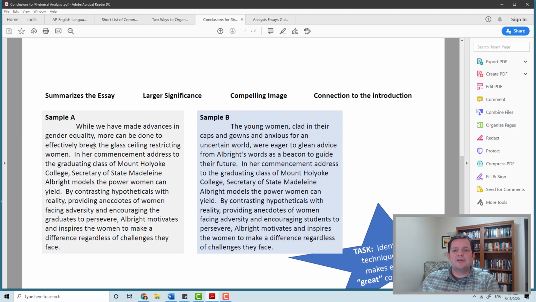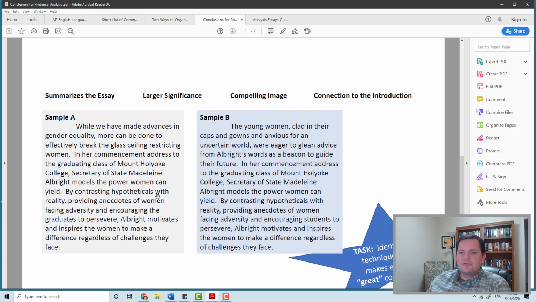Then it says, in her commencement address to the graduating class at Mount Holyoke College, Secretary of State Madeleine Albright models the power women can yield. So there you have a summary of what she said, a summary of the essay, but it also talks about one of her appeals. She's modeling this.